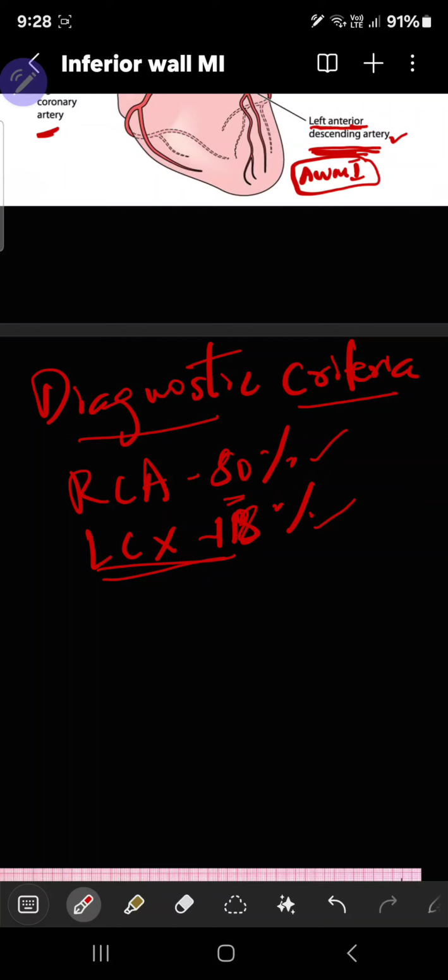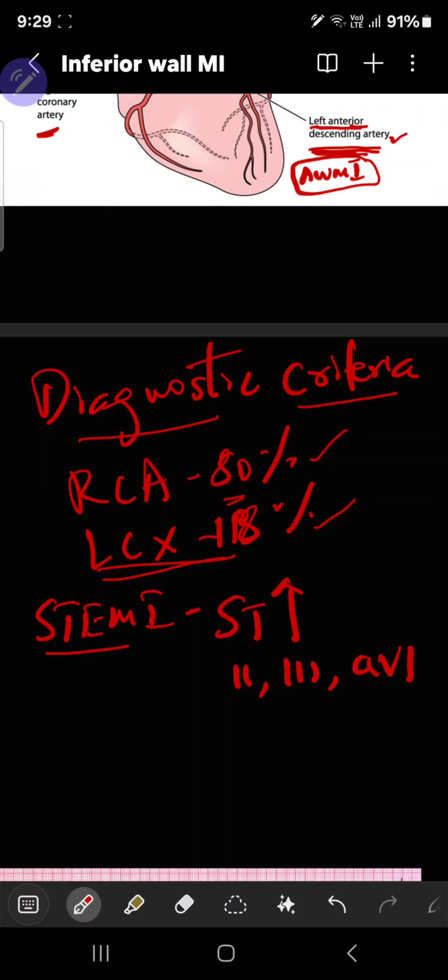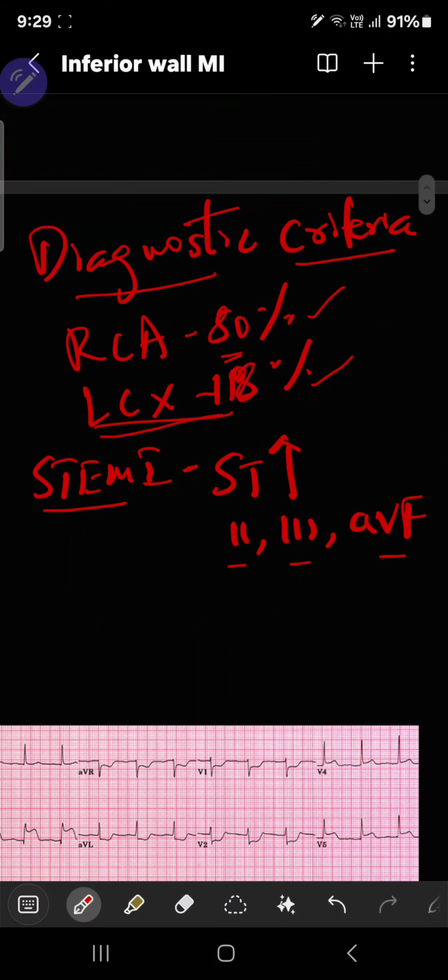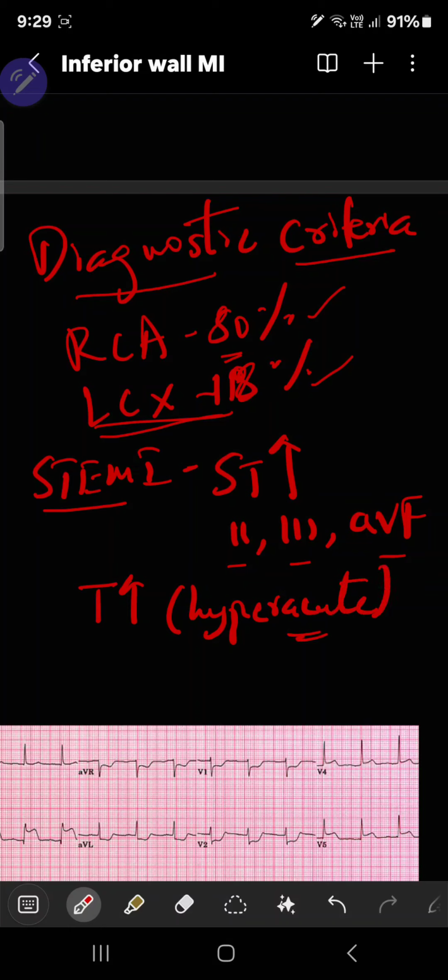As you know, STEMI is ST elevation MI. There will be ST elevation in leads 2, 3 and AVF, the inferior leads. Apart from this, sometimes there will be T waves, which are called hyperacute T waves.